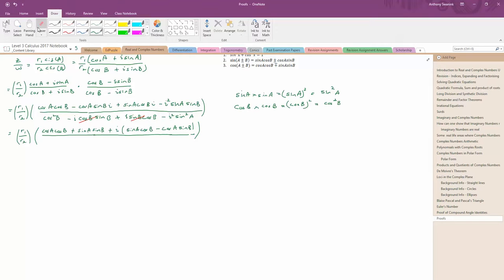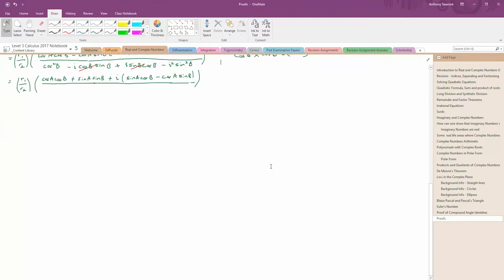So let me just get rid of that, because I'm multiplying sine B times sine B. That should have been sine squared B. Let's move this down a fraction again if I can. Okay, so bottom line would be sine squared B plus cos squared B. Okay, so what does this all equal?